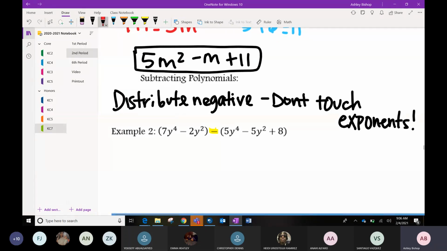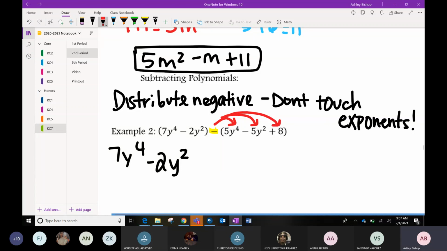What I'm going to do is rewrite the pair of parentheses that comes first. I'm going to rewrite everything that came before the negative. So I'm going to rewrite 7y to the 4th power minus 2y squared. And then I distribute this negative. I distribute it to this thing, and to this thing.